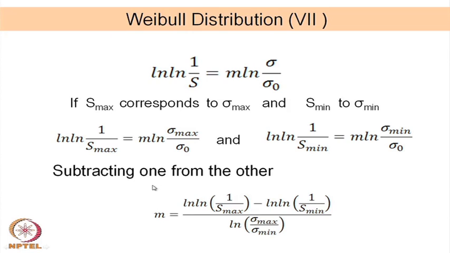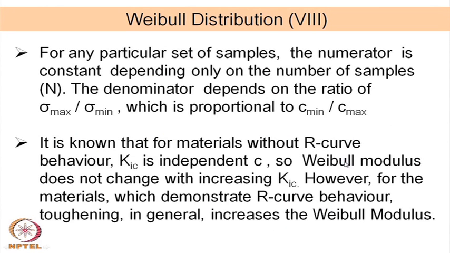Subtracting one from the other, one can get actually the value of m. So, if you know this probability value at the highest sigma max and at sigma min, these are the two limits, and then ln sigma max by sigma min. Okay. So, this is another expression of m, within a limit of sigma max and sigma min.